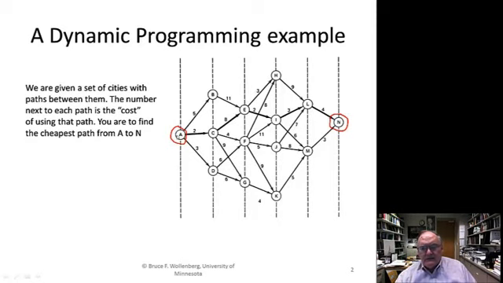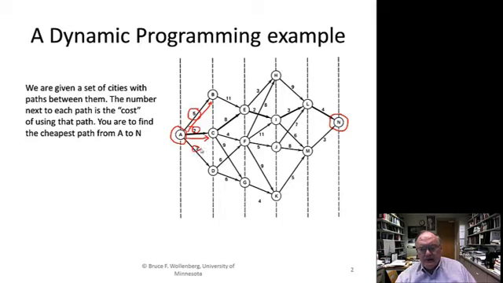And the idea is to find the optimal path, where the number right here is the cost to travel from A to B. If I went from A to C, however, it would be a cost of only 2.